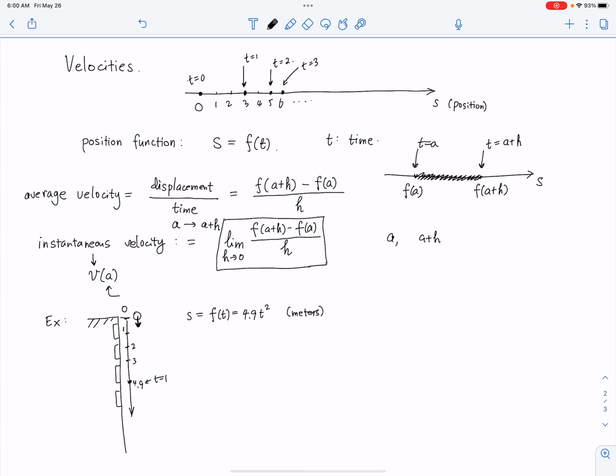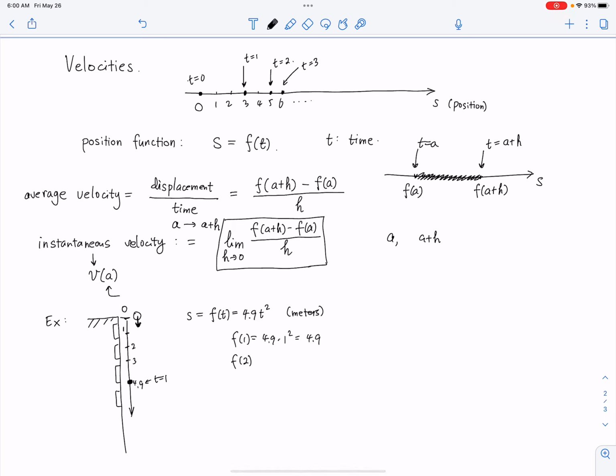So this is 4.9. That's when t equals 1. So t equals 1, the ball is right here. Then after 2 seconds, so say for example, f(1) is 4.9 times 1 squared, that's 4.9 meters.